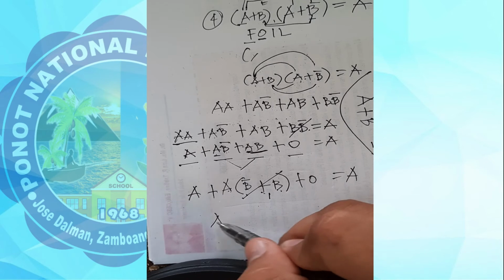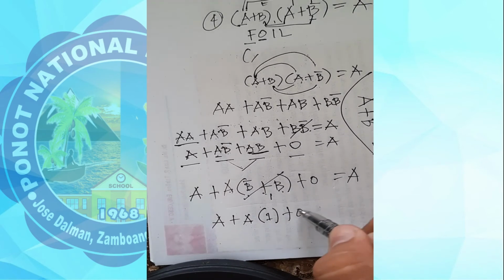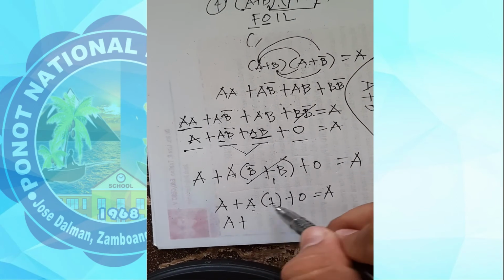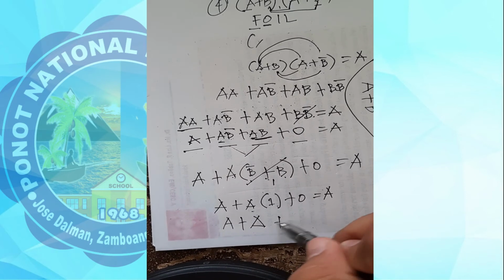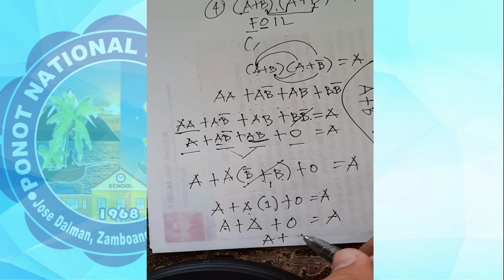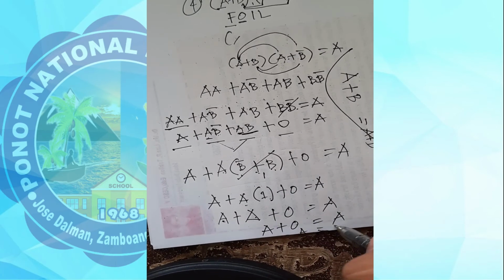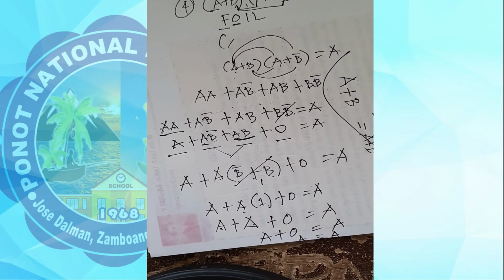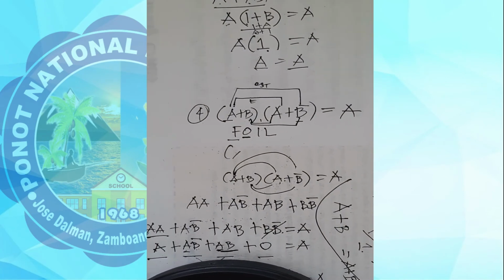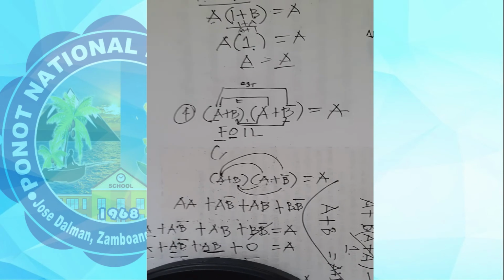So, the result is A plus A times 1 plus 0 is equal to A. A plus A times 1, A plus 0 is equal to A. Then A plus 0, A is equal to A. So, we have proven that the quantity A plus B times the quantity A plus B bar is equal to A. Okay, very good.